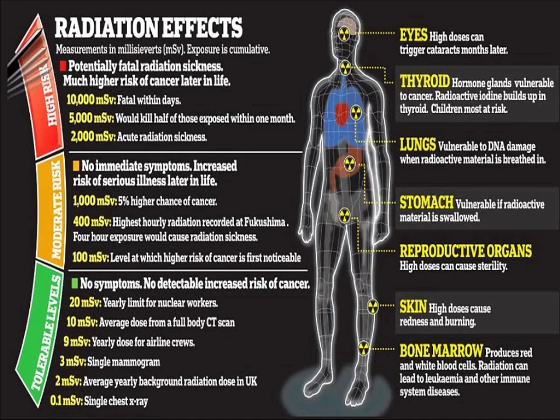If we go up to the most dangerous area, which fortunately we do not experience in the diagnostic radiology range, 2000 millisievert causes acute radiation sickness. And at 10,000 millisievert, this is the fatal dose, and it will kill the person who absorbs it within days. It means potentially fatal radiation sickness and a much higher risk of cancer later.